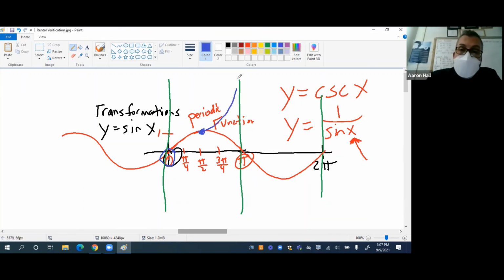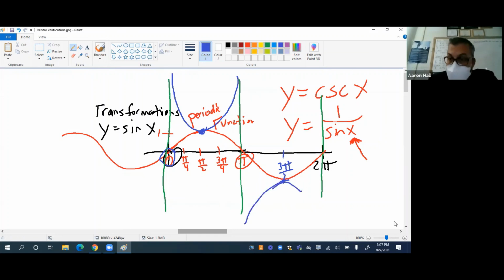So we converge on these lines. What about when x is 3 pi halves? You get -1. So we have this point here, which means we have convergence by the definition of an asymptote.